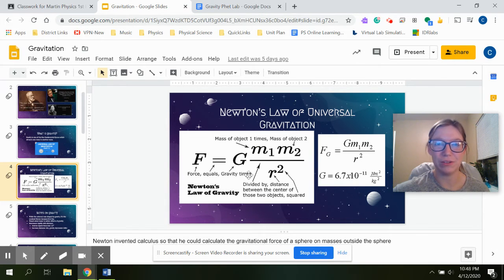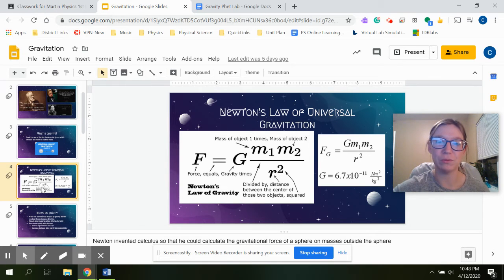So the sort of gravity that you can observe is only for incredibly large masses, like planet-sized masses. Those are the ones that matter.